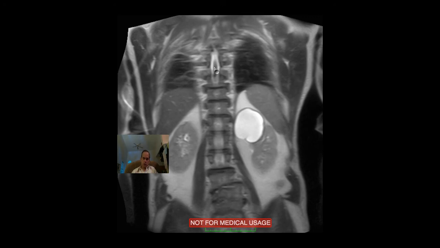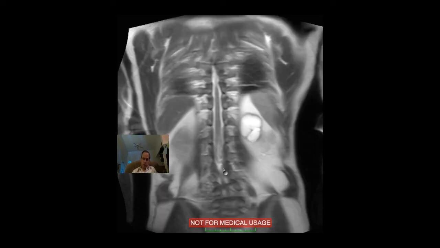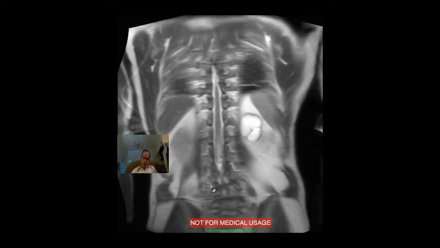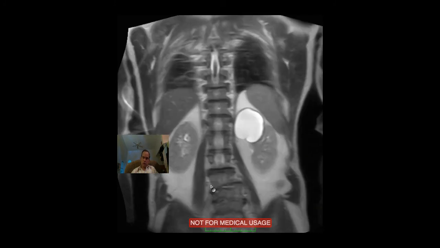Here it is, and because it has the curvature that we're so familiar with, convex posteriorly at the thoracic level and concave posteriorly at the lumbar level. Here you can see how there's been an asymmetry in the loss of height of the L4 vertebral body, more loss on the right than left, and that has allowed this L3 vertebral body to attain this tilted configuration, which just adds to the equation of compromise of neural foramen and central canal.